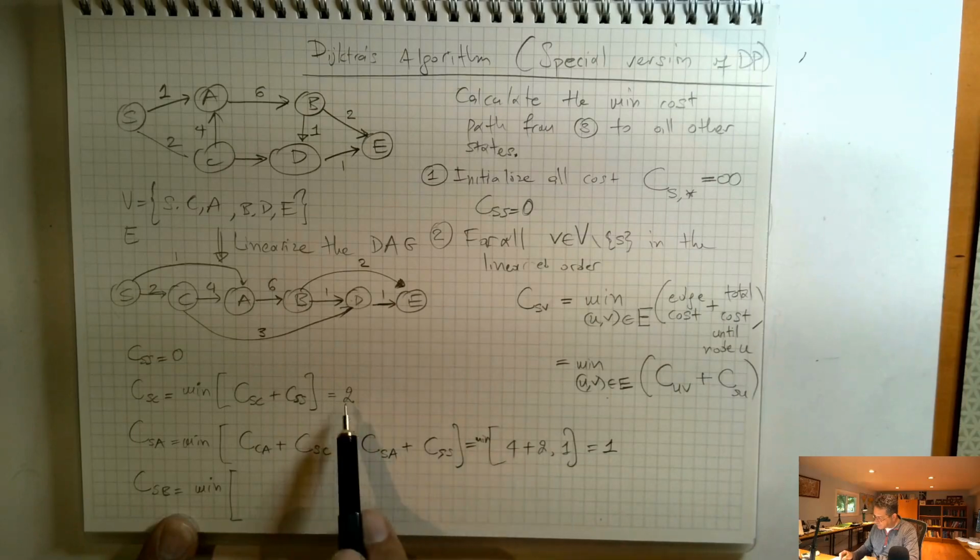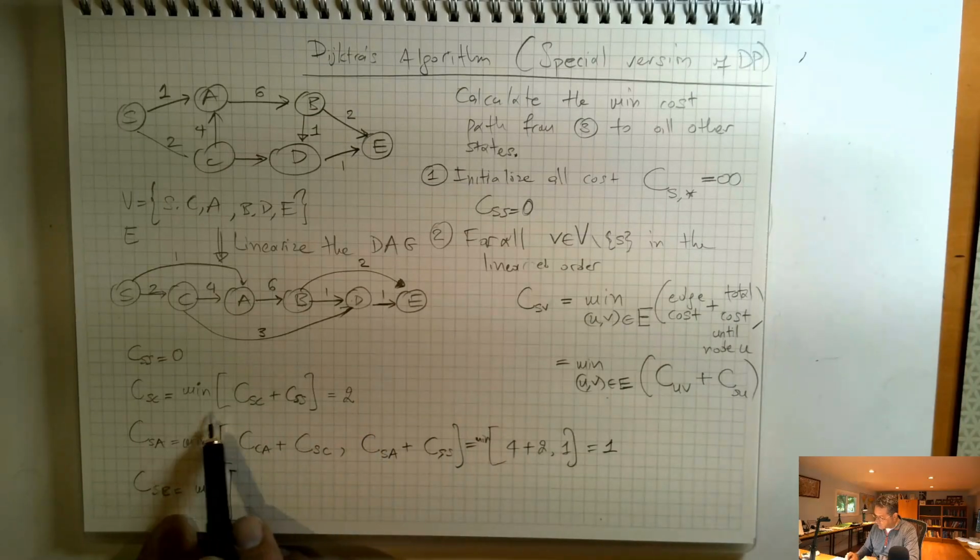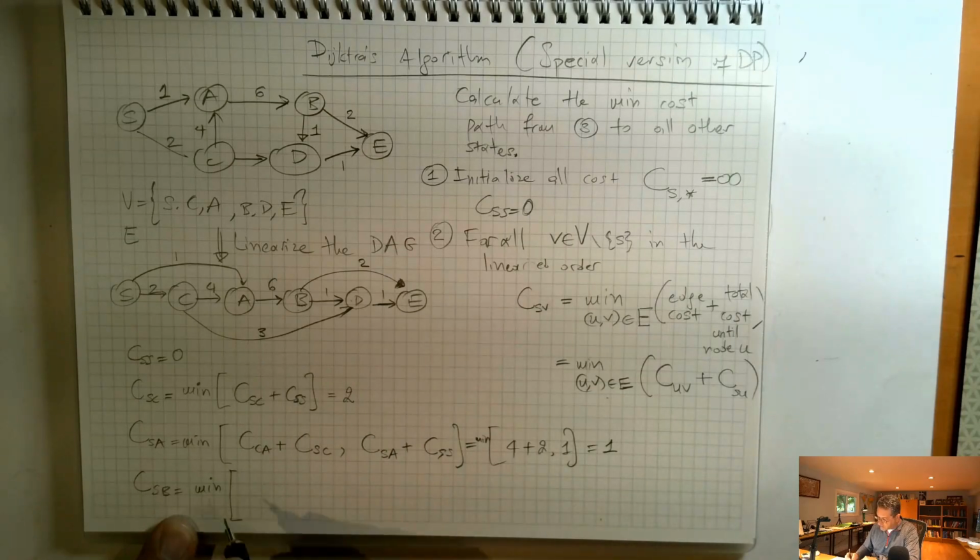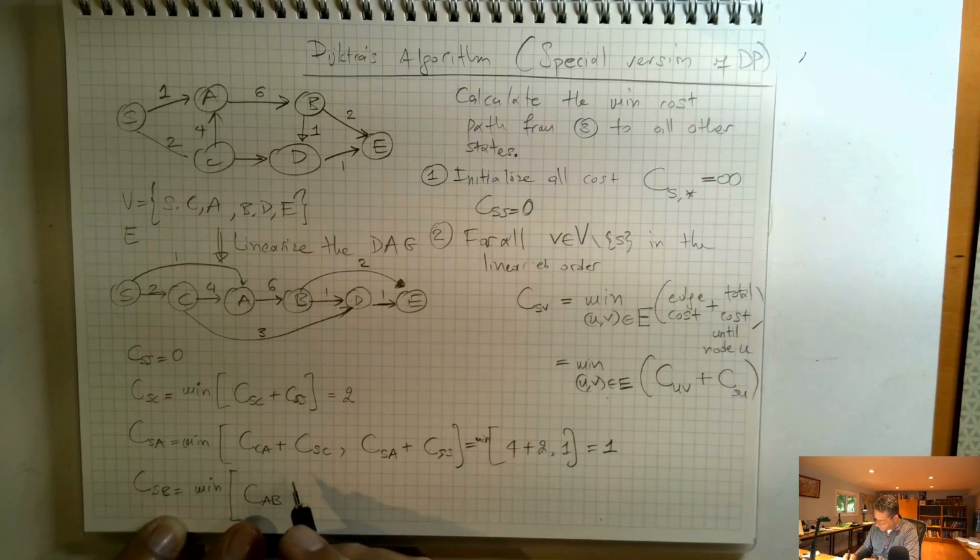So we have seen this reuse over here: the 2 was reused over here without really having to solve anything else. We can just replace it. And now we will see it also over here. This is the edge from A to B plus the cost from SA.